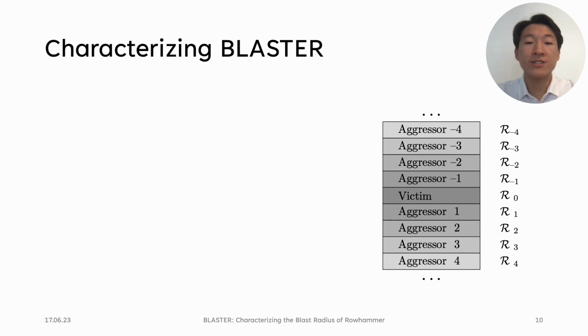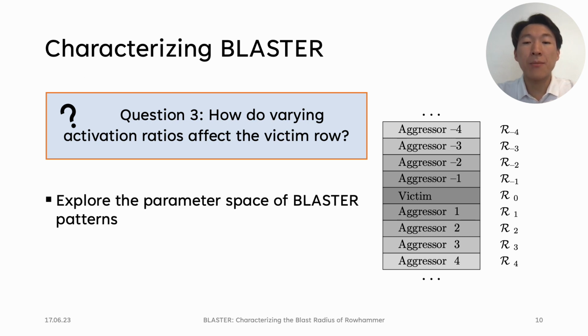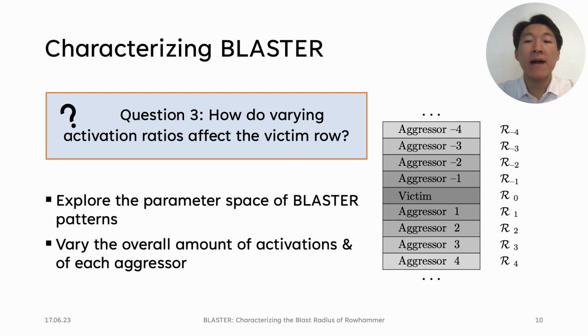Including multiple aggressors in blaster patterns creates a large design space. We seek to determine how varying activation ratios affect the victim row. We systematically explore the parameter space of blaster by varying the overall amount of activations and the distribution of activations to each aggressor.